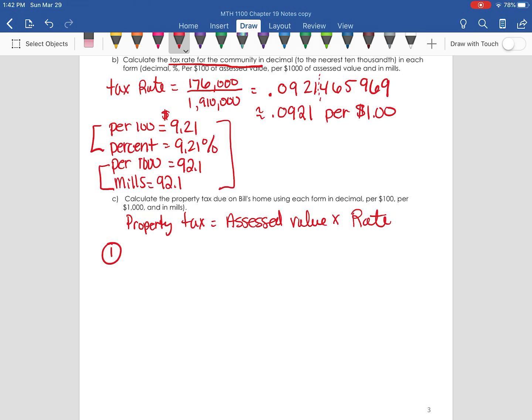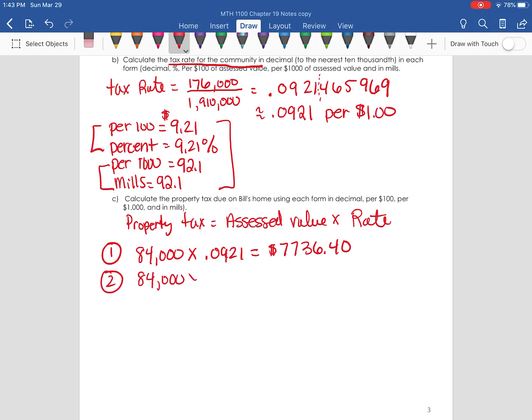So if we're doing it per dollar, I would take his assessed value, which we said was $84,000, and because it's per dollar, I would just take the $84,000 times the 0.0921, and that gives us $7,736.40.